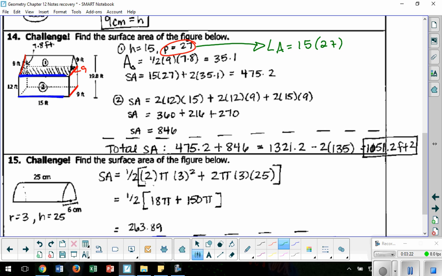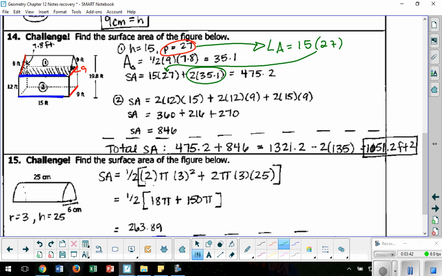You should do that first, which is right there. And then when you get that information, you're going to add that to your area of your triangle.